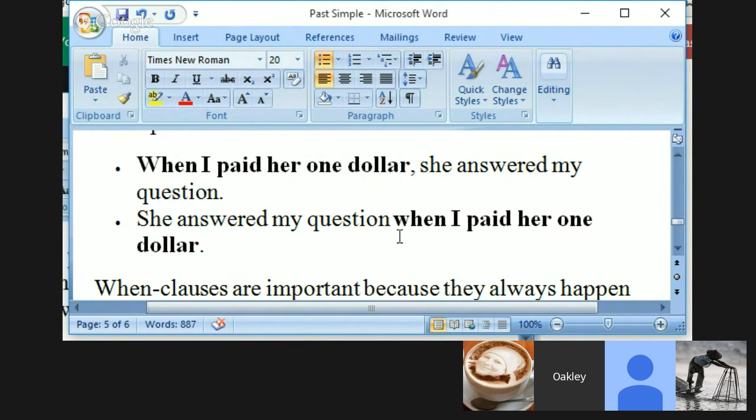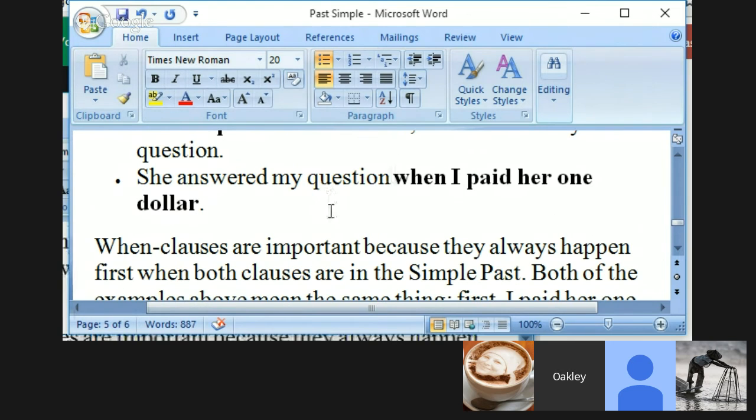You can equally put this dependent clause in the back of the sentence, and the same thing is true. First you paid $1, then she answered the question. The meaning does not change at all. I notice, however, that I do not need a comma if I put it second. No problem to move it around. It doesn't change the fact that first you paid and then she answered.